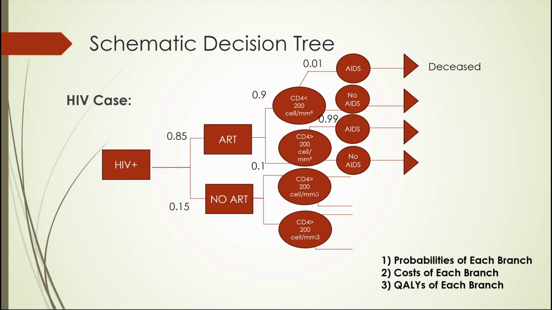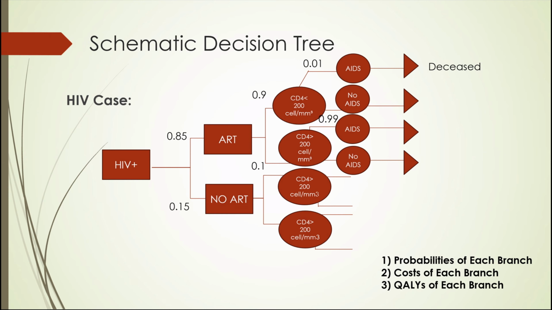At the end of the decision tree, the patients, unfortunately, all go to the deceased compartment, because we know sooner or later the patients are not going to survive, because HIV is not a curable disease yet.